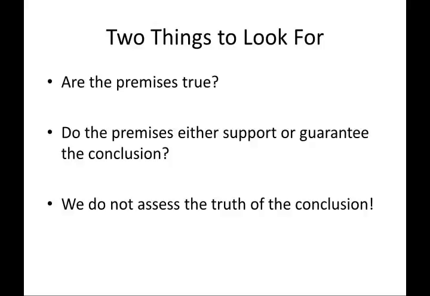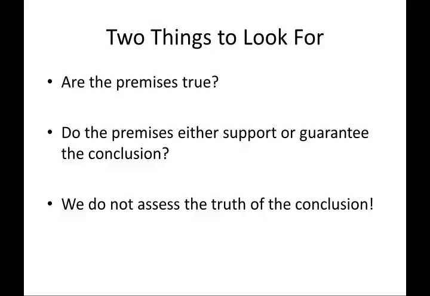Given this structure, there are really only 2 things to look for when you're evaluating an argument. Now, the book describes these 2 things in interesting language. It calls it the logic part and the truth part. Now, I'm not going to call it that.